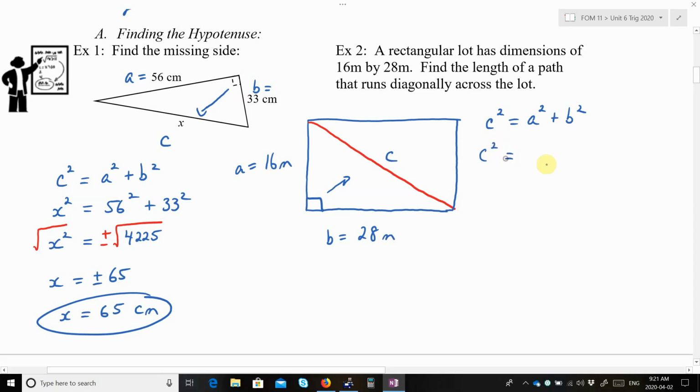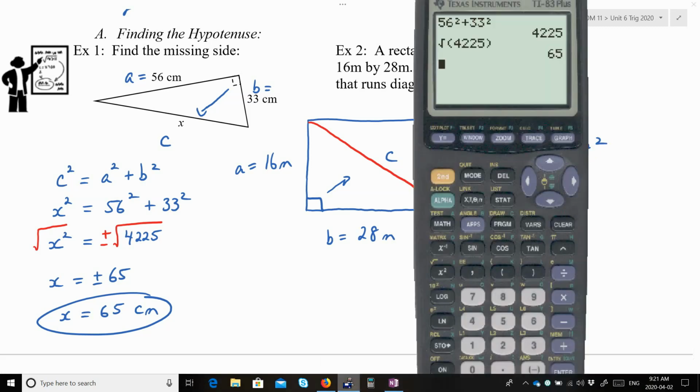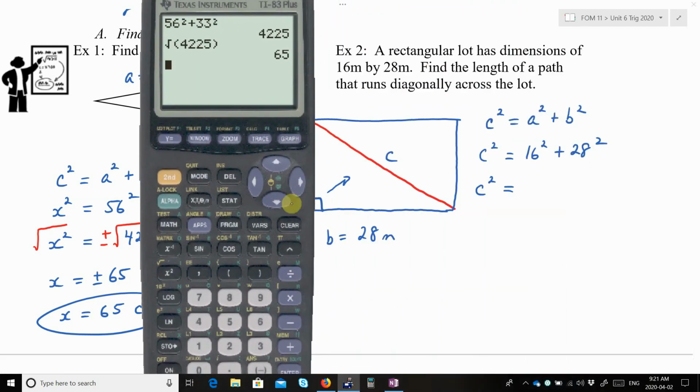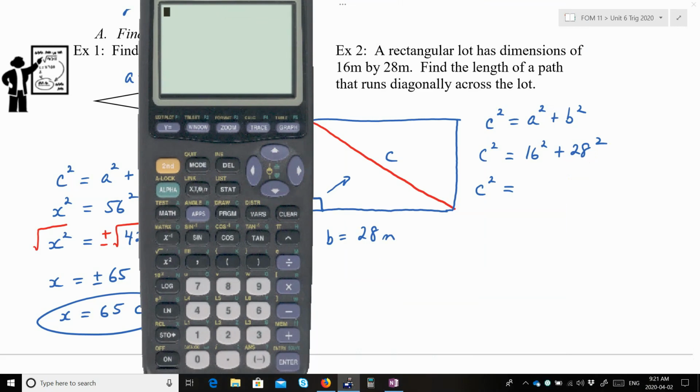So C squared is equal to 16 squared plus 28 squared. And if I do 16 squared plus 28 squared, I get 1,040.